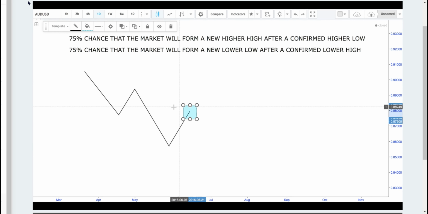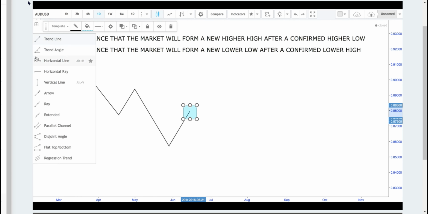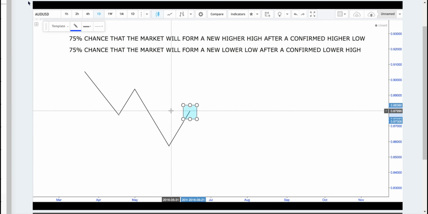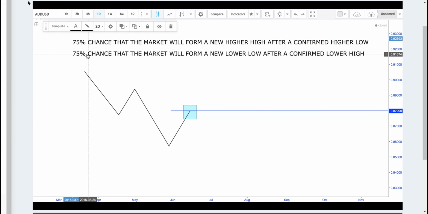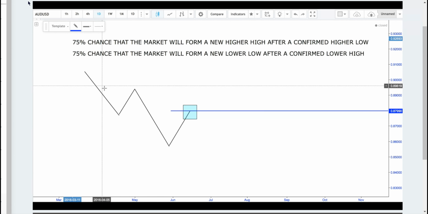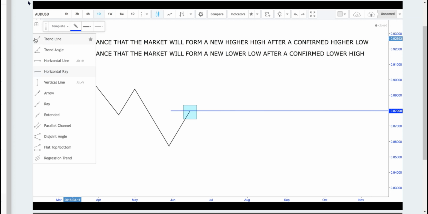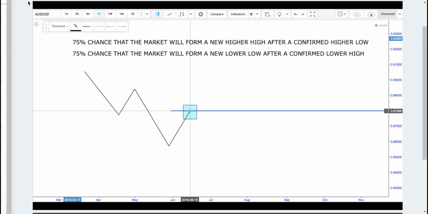It could be any kind of reversal formation in alignment with a key level of resistance. There's a 75% chance that the market will form a new lower low after a confirmed lower high. So if this is a confirmed lower high around here, again at resistance, and you've confirmed it by knowing your candlesticks, candlesticks are going to come in very, very handy.